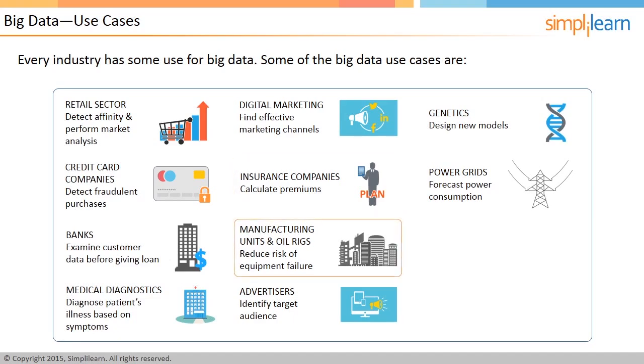Manufacturing units and oil rigs have sensors that generate gigabits of data every day, which are analyzed to reduce risk of equipment failures. Advertisers use demographic data to identify the target audience. Terabytes and petabytes of data are analyzed in the field of genetics to design new models. Power grids analyze large amounts of historical and weather forecasting data to forecast power consumption.